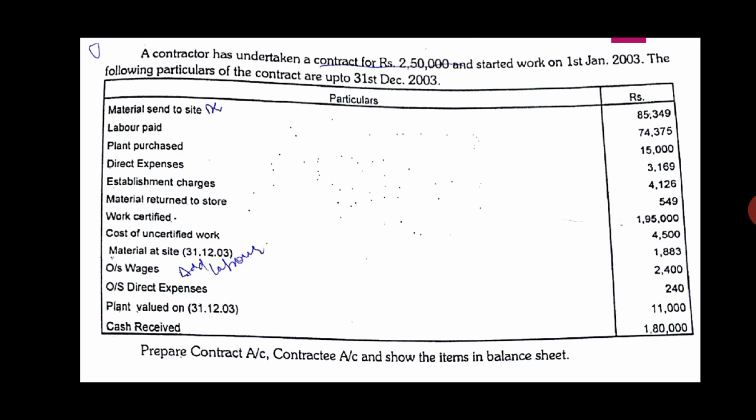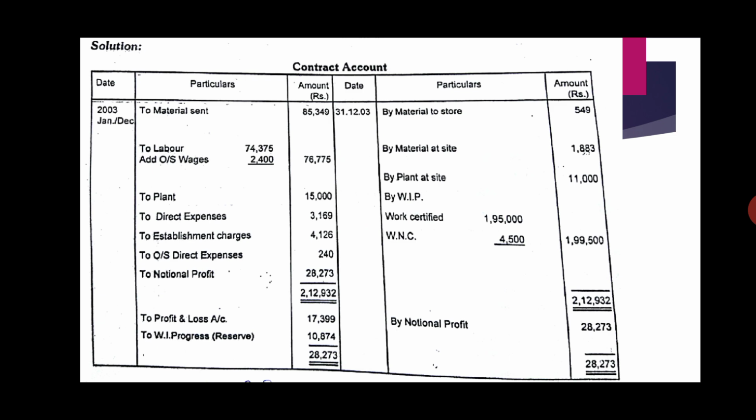First, what we write: contract price, which is 2,50,000. Then work certified, which is 1,95,000. So you calculate 1/4 and half of the contract price, and you will observe that work certified is more than 1/4 of the contract price but less than half of it.